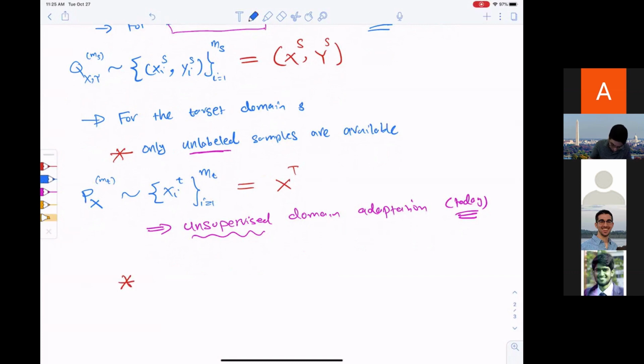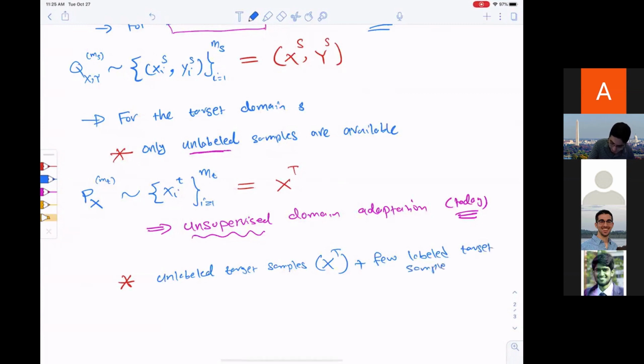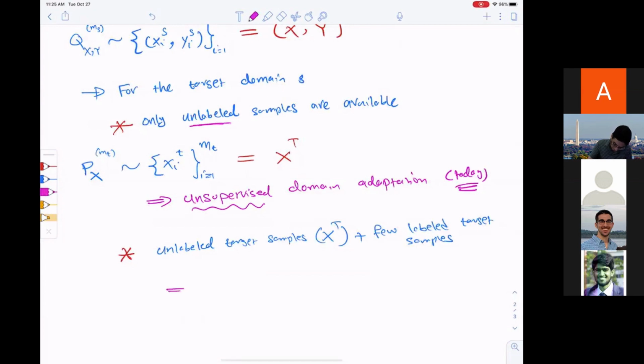So if you have unlabeled target samples, X_T, plus some few labeled target samples, not so many that you can reliably train a classifier on them, but you may have a few labeled target samples, this problem is called semi-supervised domain adaptation.